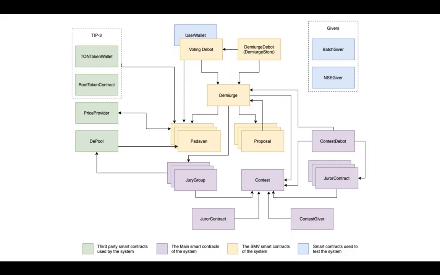For example, if 4 TIP-3 tokens equal 1 ton, the price provider will tell us about it, and our Padawan will understand that you need 4 TIP-3 tokens to get 1 vote. So just an interface.